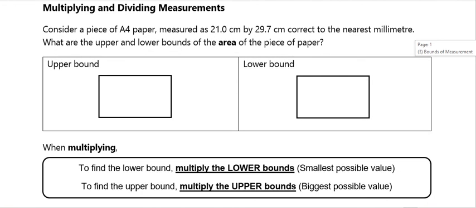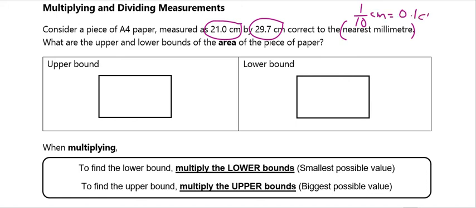Just consider that you have a piece of A4 paper, so you will have 21.0 centimeters by 29.7 centimeters as the dimensions of the paper, but here it is correct to the nearest millimeter. From that you know that 1 millimeter is 1 out of 10 centimeter, so this is 0.1 centimeter.